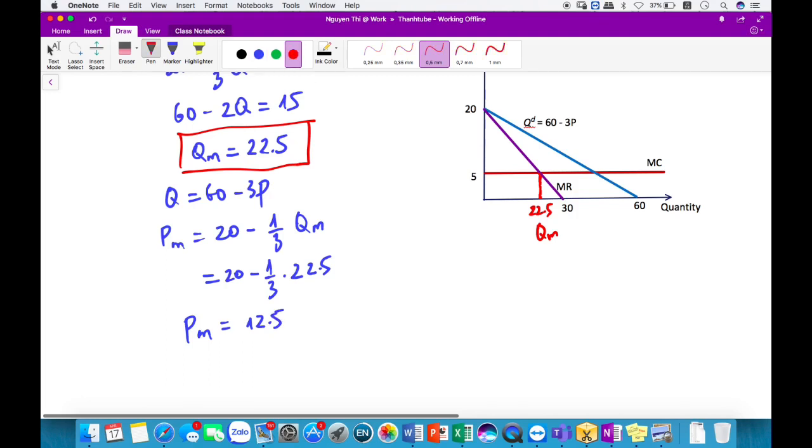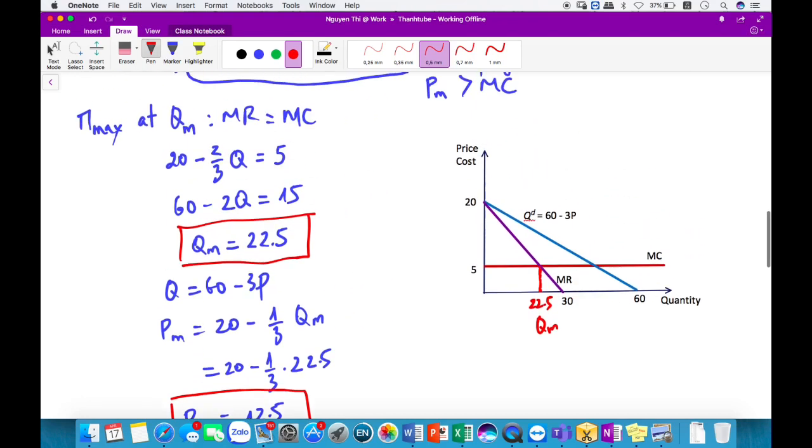This is the price under monopoly. You just draw a line from this intersection point up to the demand curve, and correspondingly we get 12.5, the monopoly price. And this point we call EM, the monopoly equilibrium.